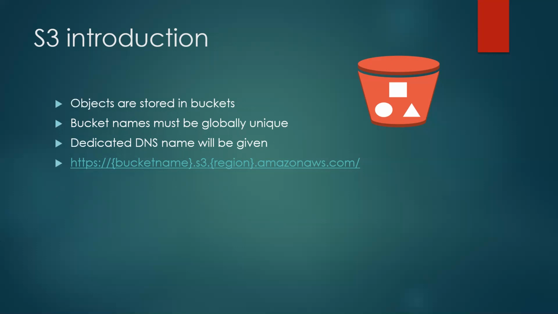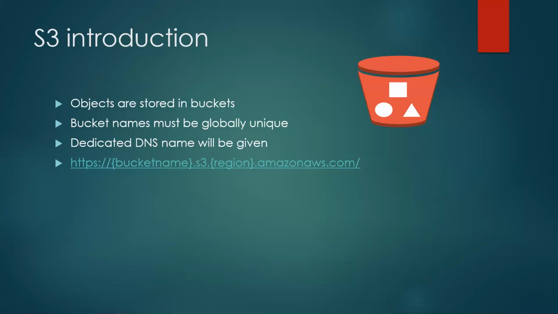The reason behind that is that it is giving you a dedicated DNS name. See this one here? Your bucket name, .s3, whatever the region name, let's say Ohio, US East 2, and Virginia, US East 1, .amazonaws.com. It is giving you a complete DNS name. You can use your DNS name.